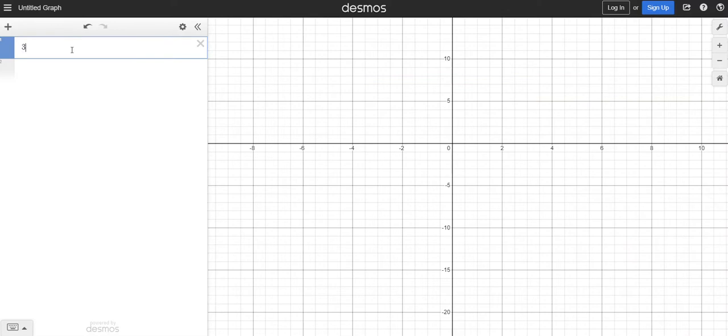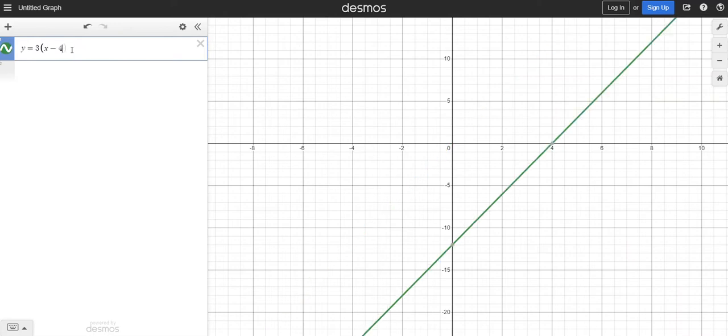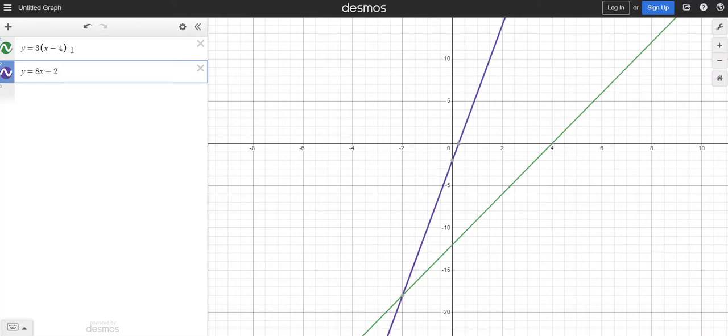The one on the left was y equals 3 times x minus 4. And the one on the right, I'm going to do y equals 8x minus 2. Here they are. Notice there's that negative 2 where they intersect, right? I got negative 2 as part of my answer as well.